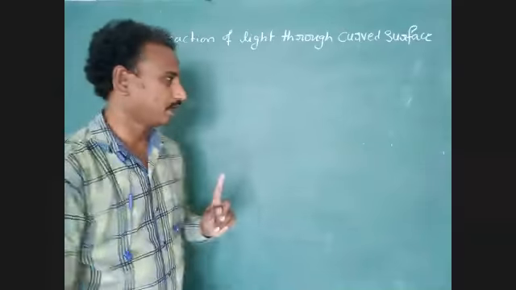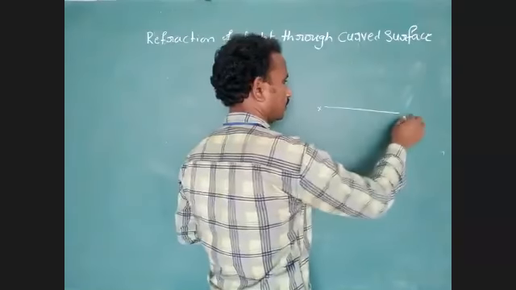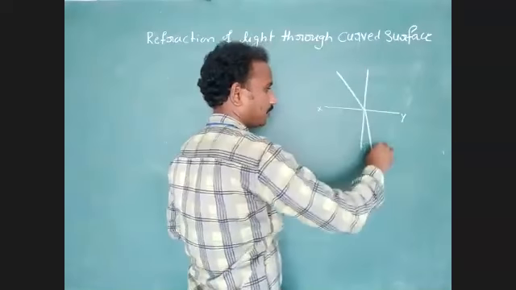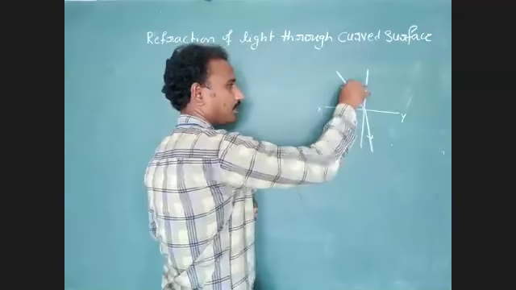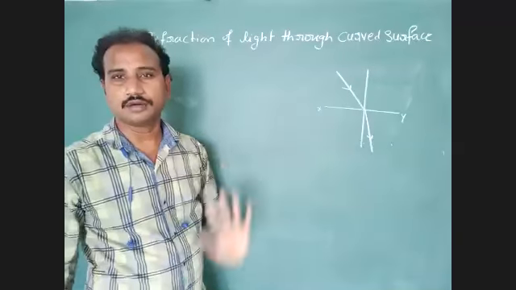If a ray of light is traveling from a rarer optical medium to a denser optical medium, the refracted ray bends towards the normal.